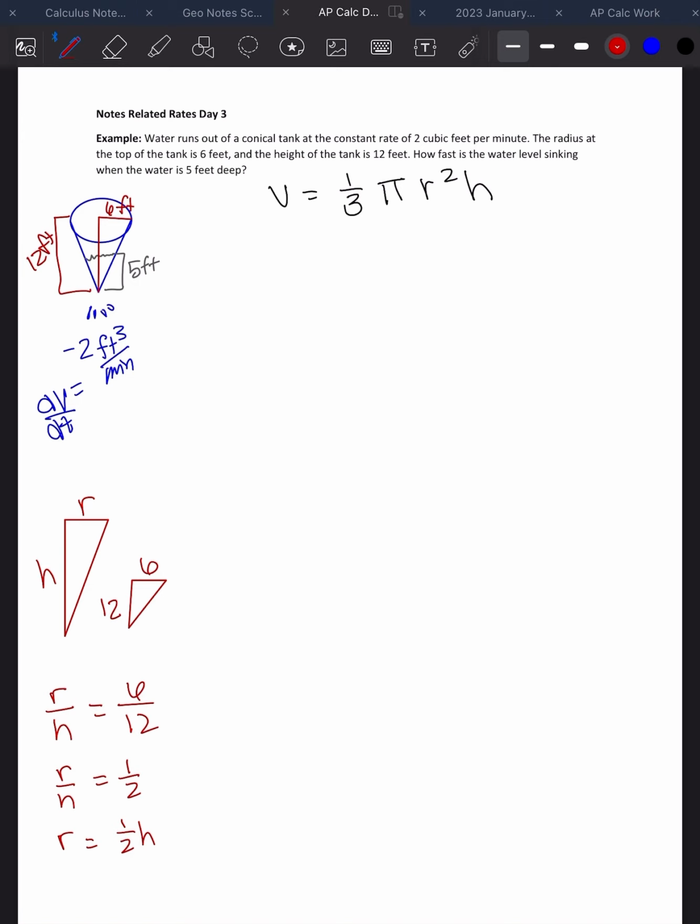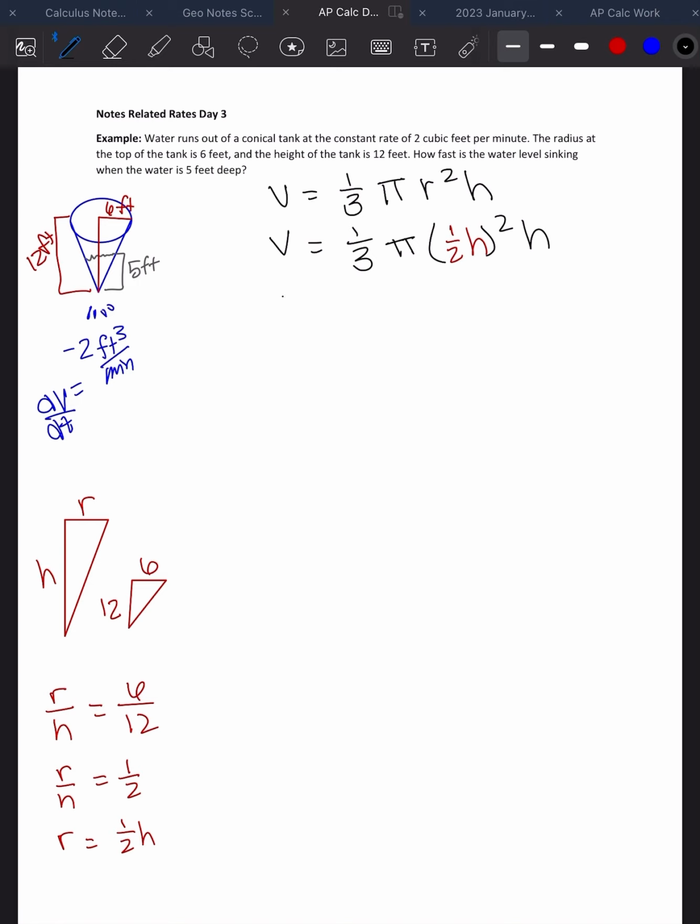The thing that we are solving for is h. So I want to get r by itself, which we have here. And we are going to take this value and substitute it into our volume equation. Because radius and height have a relationship together, we can now use height instead of radius. So 1/3 pi r squared h. Well, r in this case is 1/2 times the height.